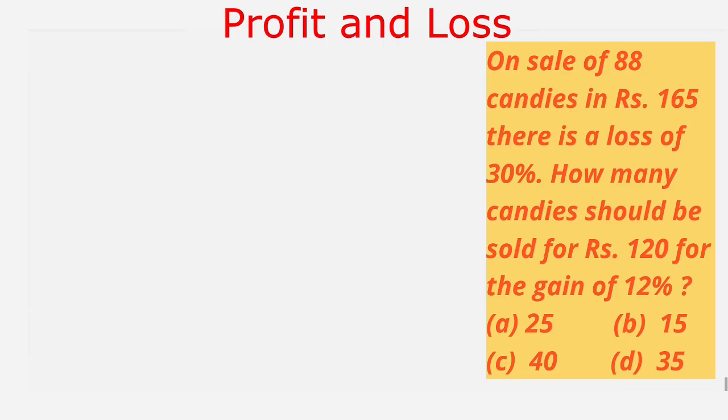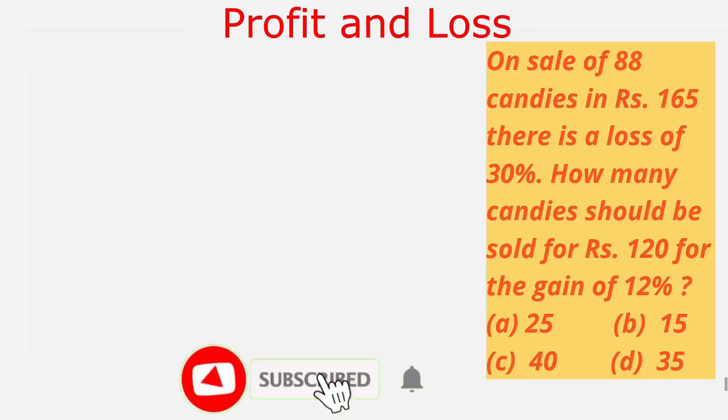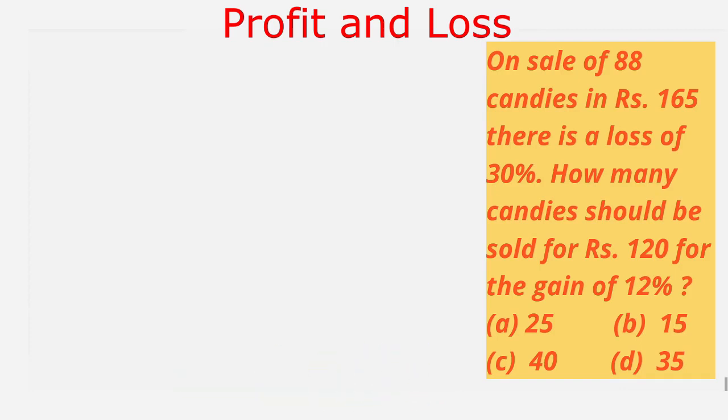We solve this question by three different methods so that you can understand the concept and shortcut tricks. Our first method is let CP be 100. Then for 30% loss, the selling price is 70, and later on we have to make the profit of 12%.